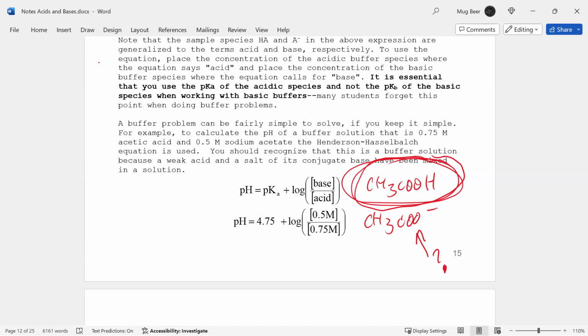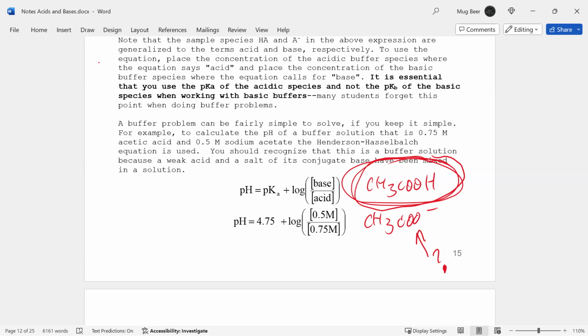It's acetic acid, but give me a classification of what kind of molecule it is. What kind of acid is it? It's a weak acid. So what do weak acids like to do? Chill. They like to stay stuck together. They like to have their H attached to their anion. So what's happened to the acetate below?